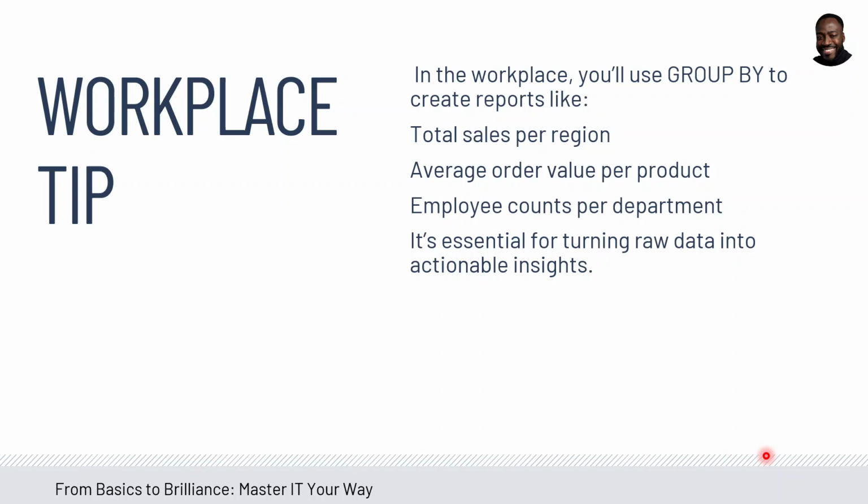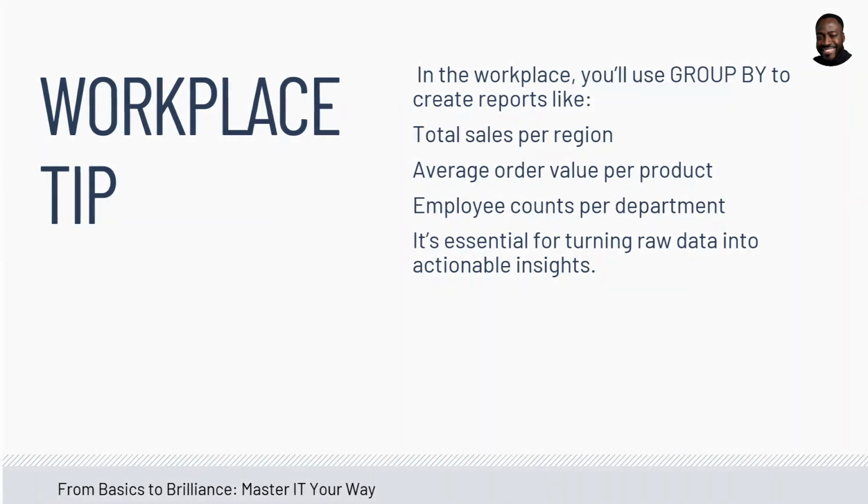First, show total quantity per product. The second challenge is to show average price per unit per product. And the third, but not the least, is the count, the number of orders per product.